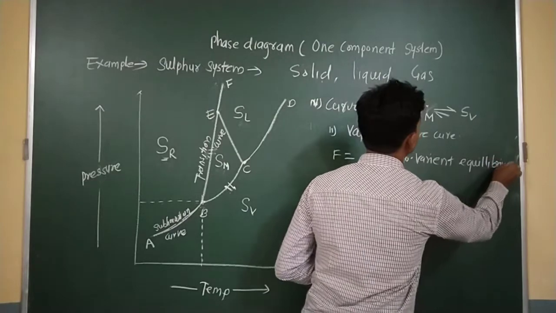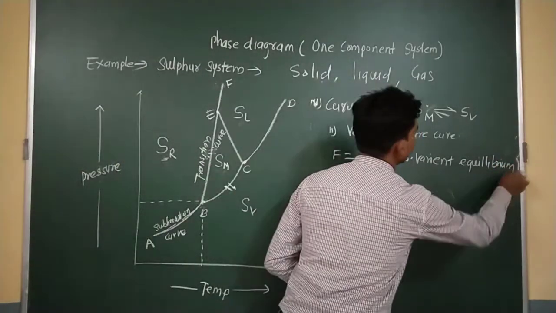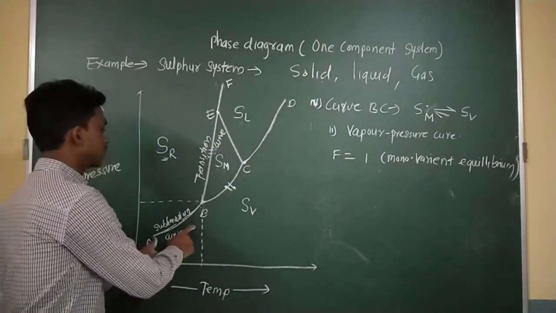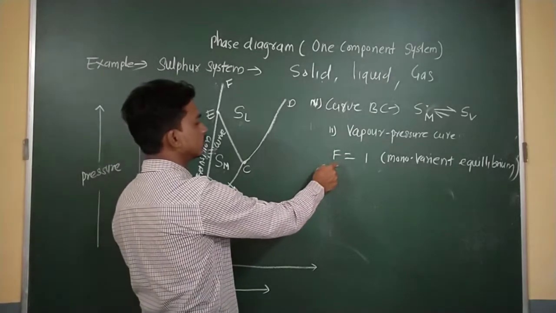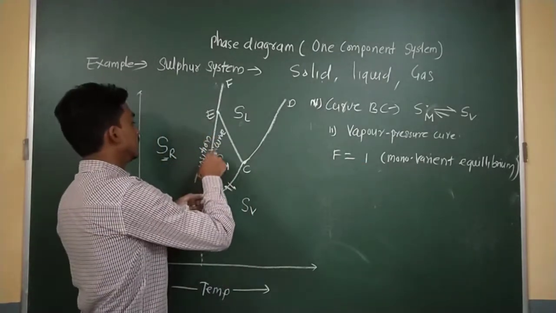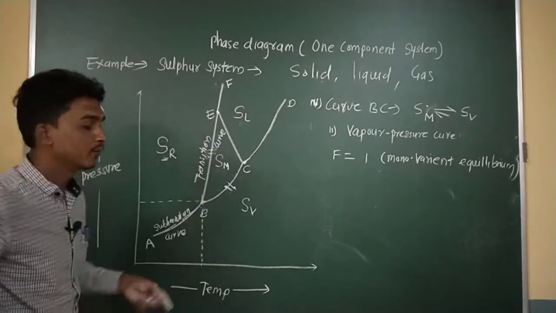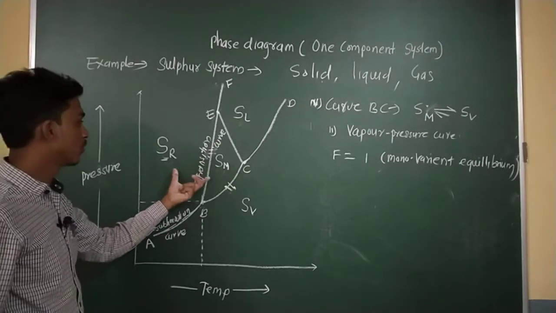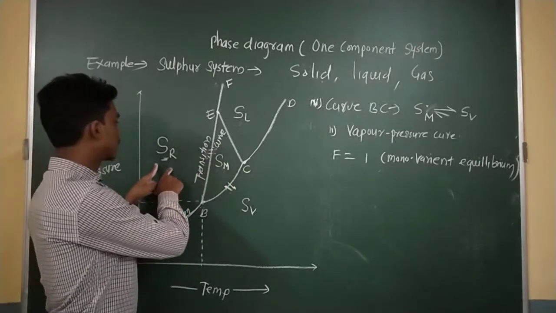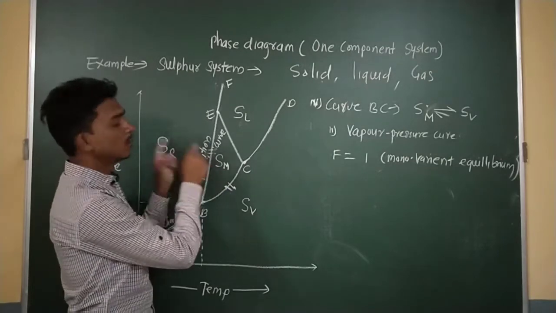I hope all of you have understood all these things, because if you understand this curve, then you will easily understand how F is equal to 1 comes, and why the curve B to E is known as a transition curve. The transition is the transformation of sulfur from rhombic form to monoclinic form.